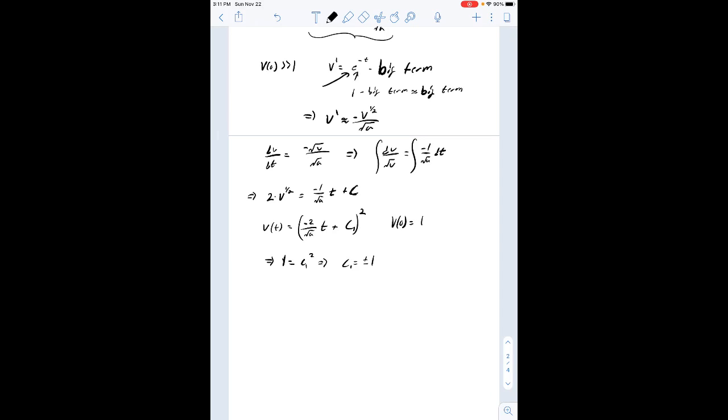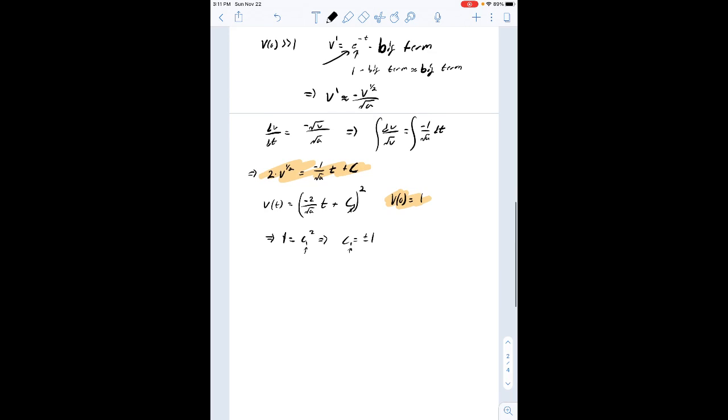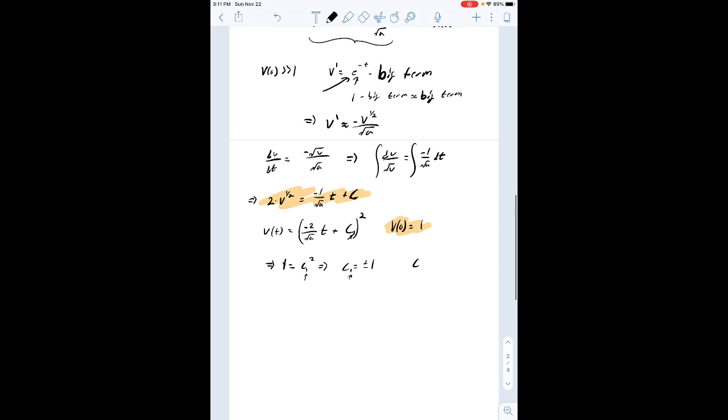Okay, so is this c1 plus 1 or is it minus 1? Well, in order to figure that out, we'll plug our initial condition back into our original one before we squared each side. And then we also will start denoting this one by c1. So we actually solved here for c1 is equal to plus or minus 1. And then we'll note that my c divided by 2 is equal to c1.